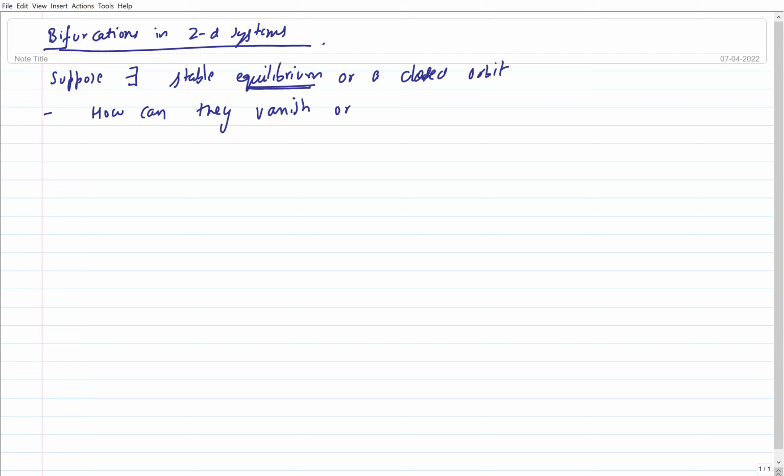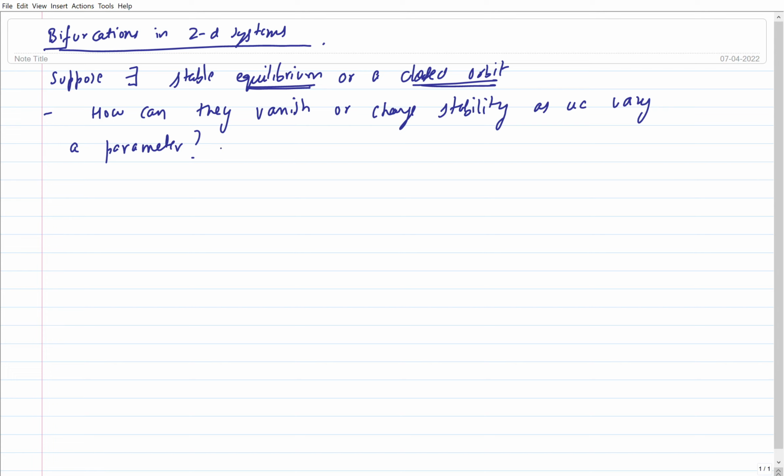Either the equilibrium vanishes, closed orbit vanishes, or changes stability. So the fundamental character of the vector field changes as we vary a parameter. That's the central question.